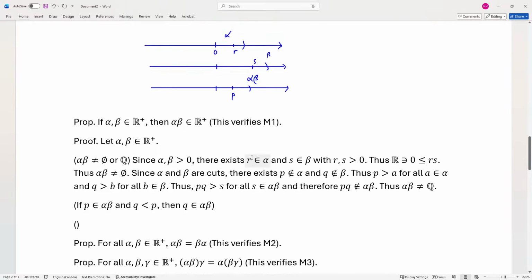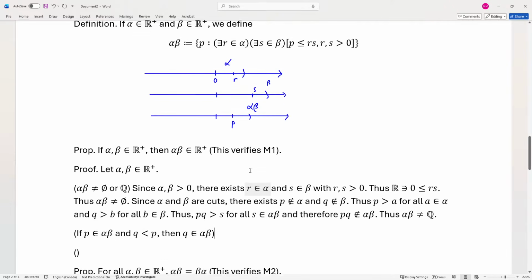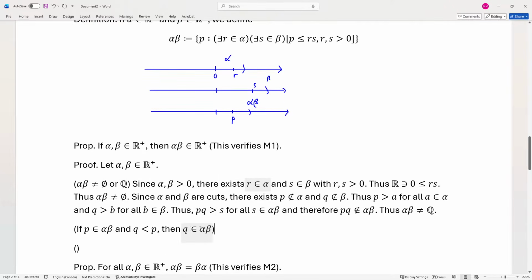First of all, it's obvious that if Q is less than or equal to 0, then it's in alpha times beta, because we already said that 0 is in alpha times beta.